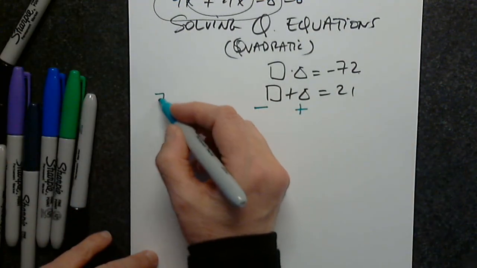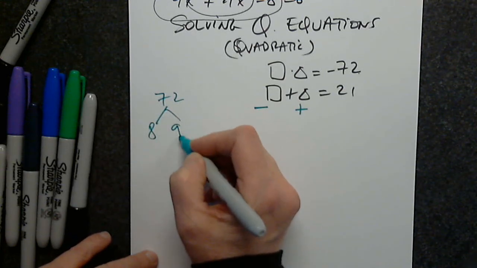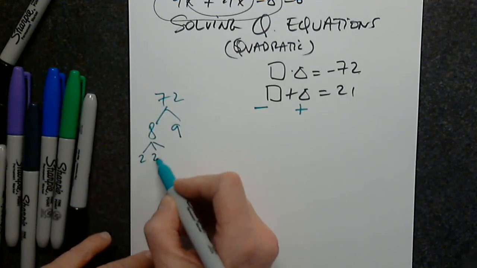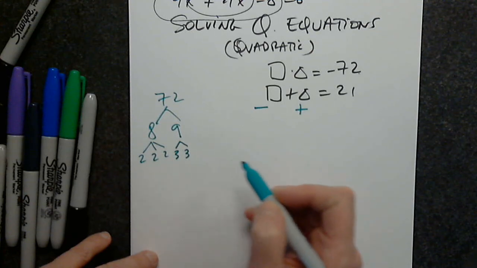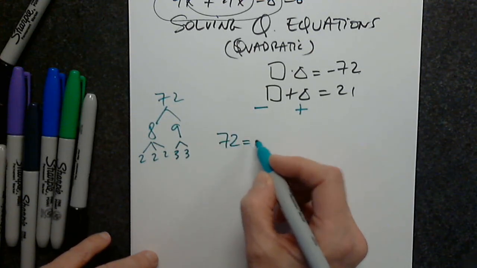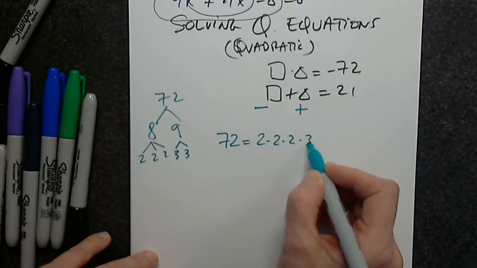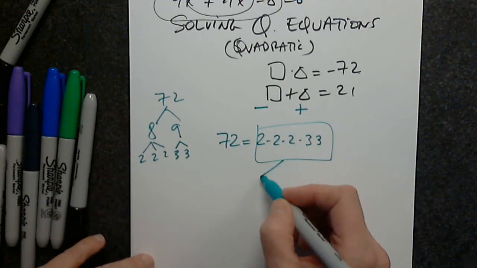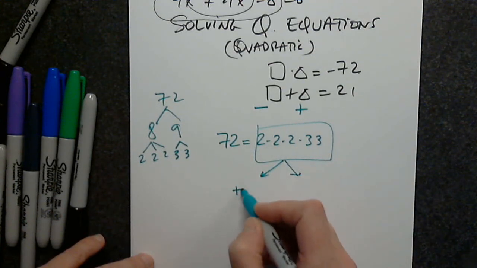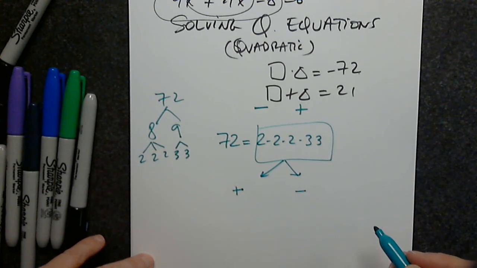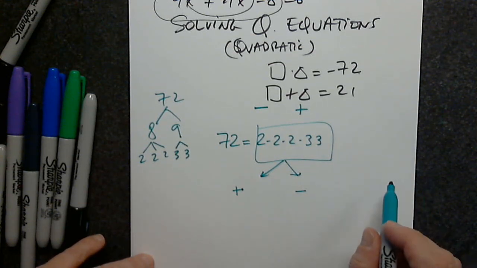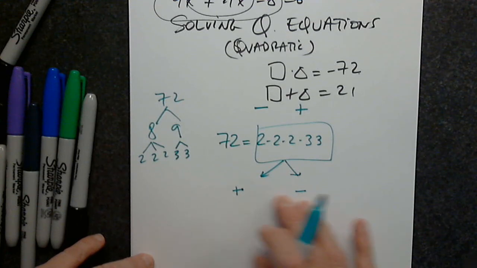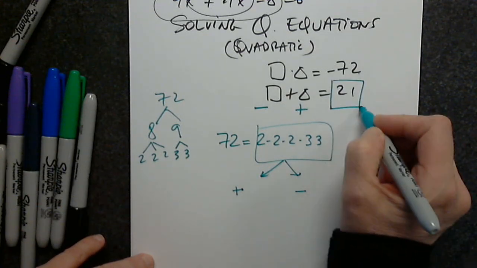So then I'm trying to find those two numbers. I have 72, which is 8 times 9. This one is 2, 2, 2, and this one is 3, 3. So I'm looking at 72 as 2, 2, 2, 3, 3. From here, I want to come up with two numbers, one positive and one negative, using all factors, and when I add these two, I get positive 21.